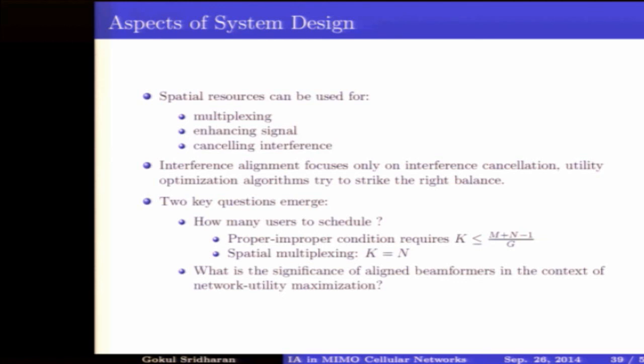But if you were to go with what interference alignment has to say, it says I can only align interference if K is less than or equal to a certain quantity. So there seems to be this range for K that's not so easy to resolve. And further, because interference alignment is only focusing on cancelling interference, its significance with regard to network utility maximization, where you need to strike the right balance between all these three objectives, is not very clear.